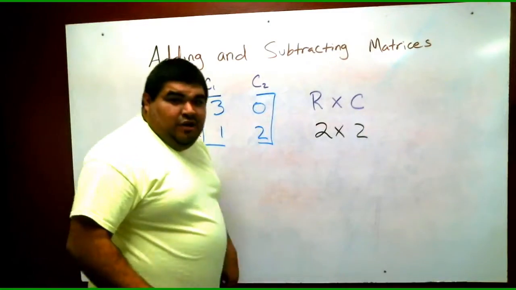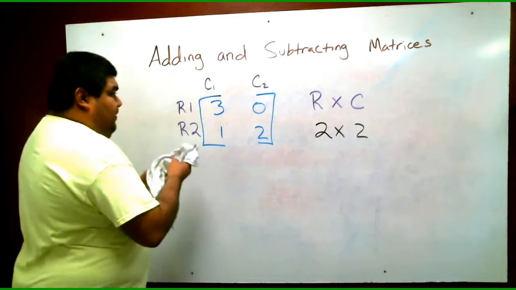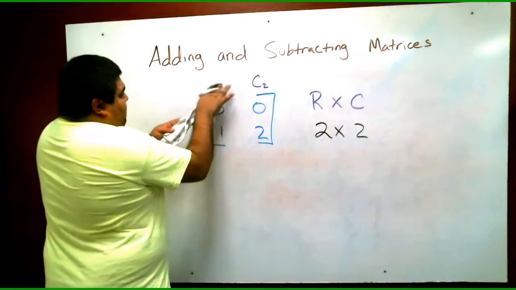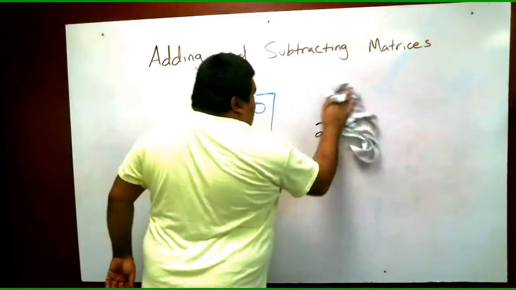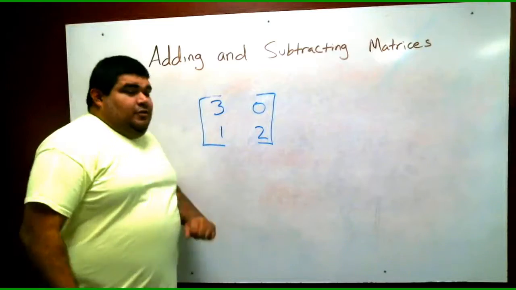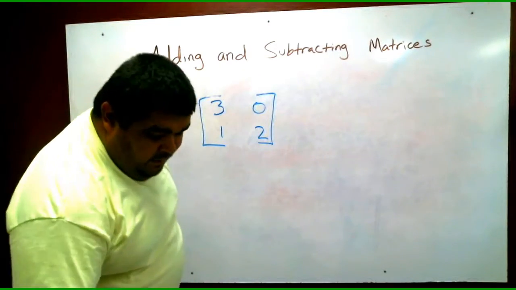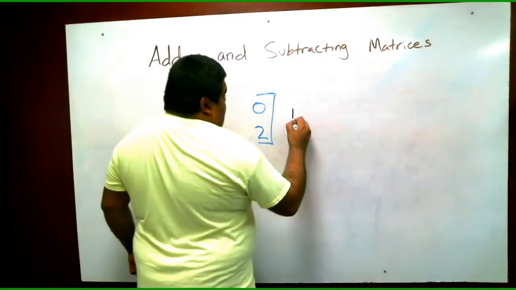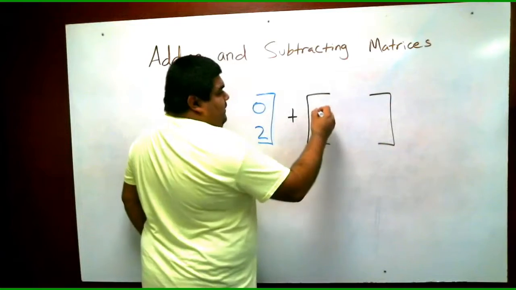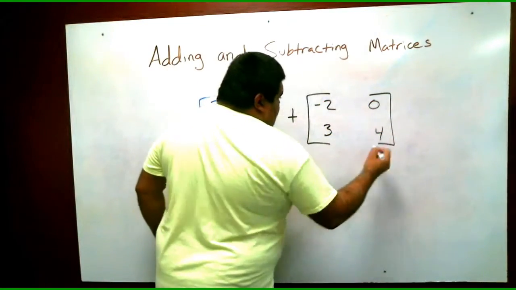So let's start off on adding some matrices together. We're going to keep the one we already have. We're just going to erase our little side stuff. So we have our first matrix, 3, 0, 1, 2. And then we're going to add another matrix here. I'm going to say negative 2, 0, 3, and 4.